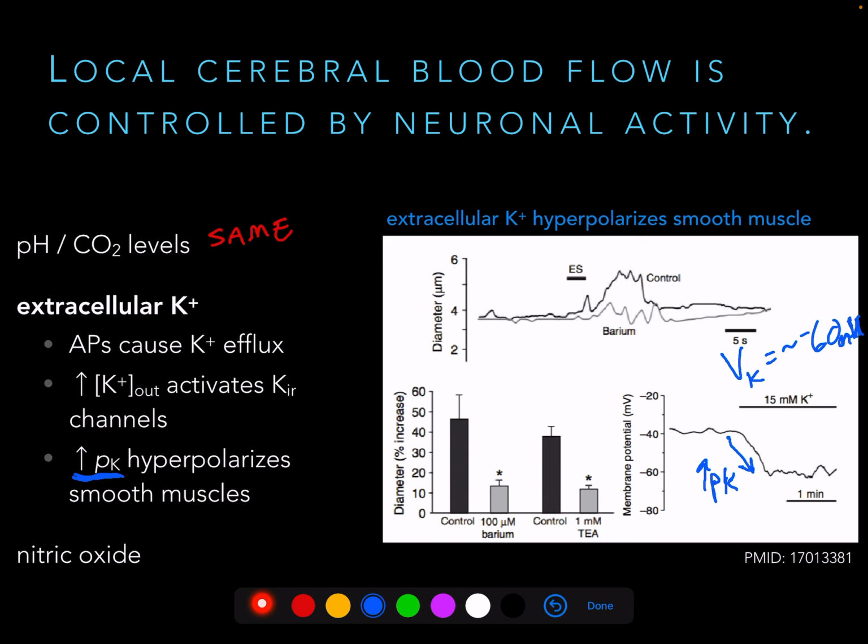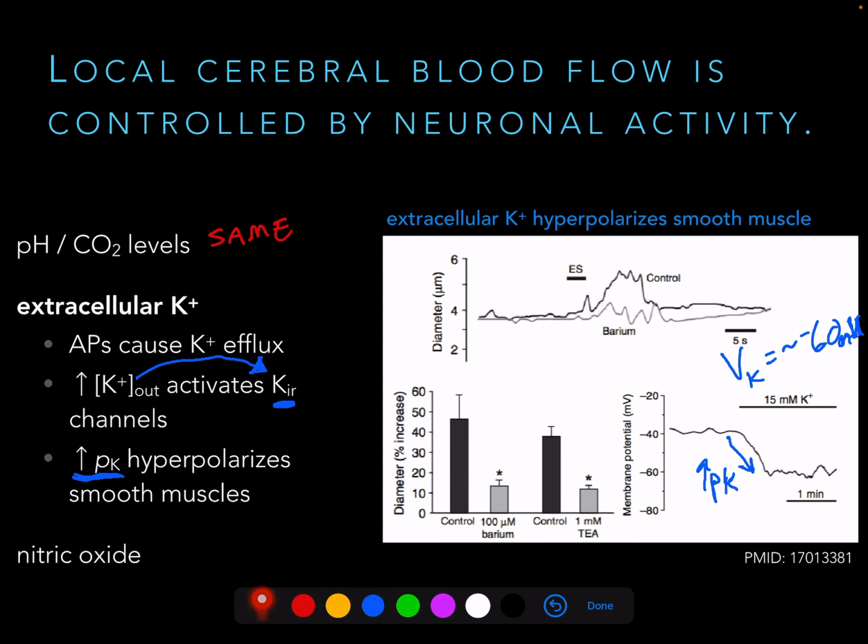So, surprisingly enough, when you dump a bunch of potassium onto a smooth muscle cell, it hyperpolarizes. And that's because they have potassium-gated potassium channels. You heard that right. These inward rectifying potassium channels here are opened by extracellular potassium. So that increase in extracellular potassium stimulates potassium channels to open up, increasing potassium leak of the smooth muscle.